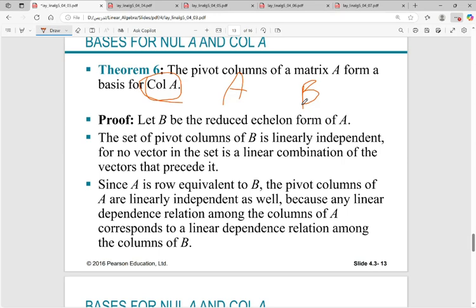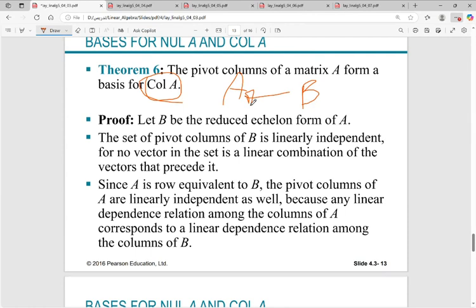For example, column number 1, column number 3, and column number 4 are pivot columns, and column number 2 is not a pivot column. Then you go back to the original matrix A, and the columns with those pivot numbers form a basis for the column space. So in matrix A, column number 1, column number 3, and column number 4 form a basis for the column space.